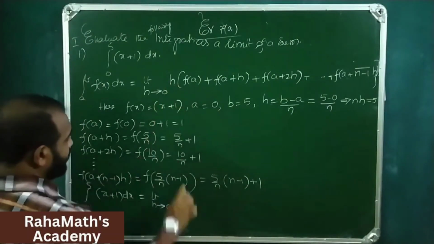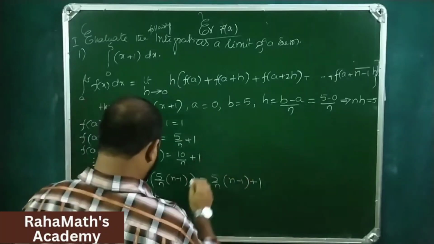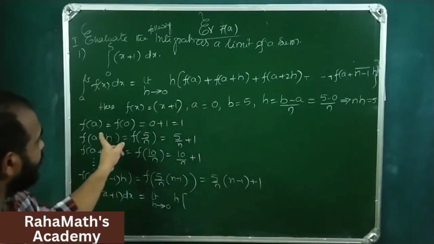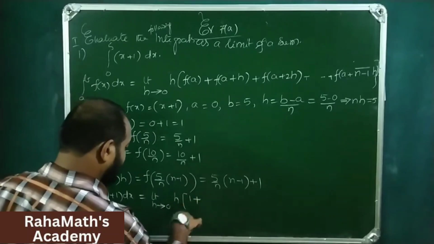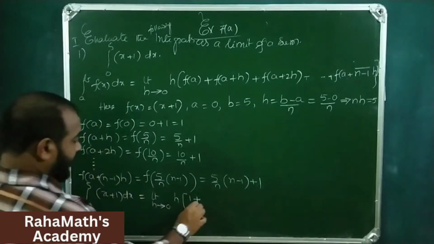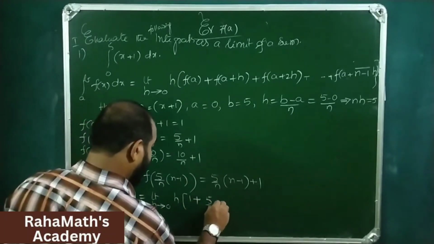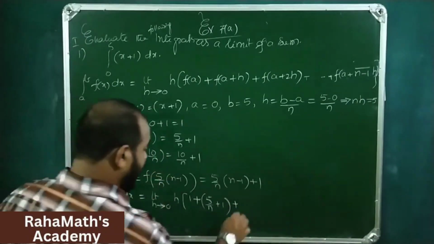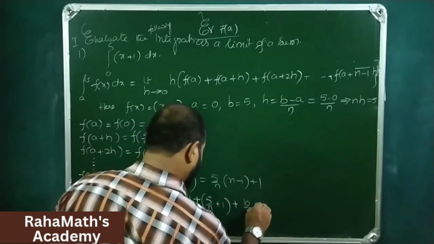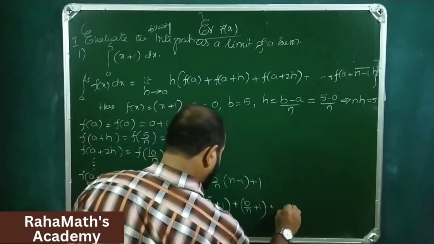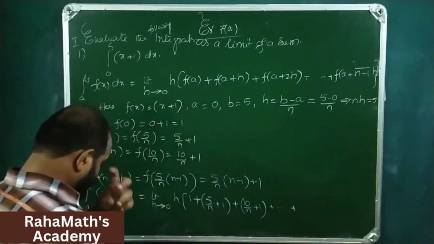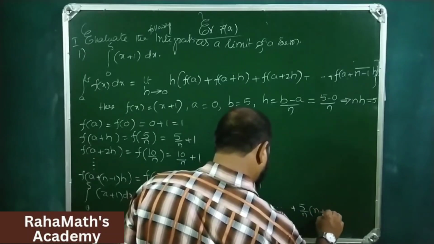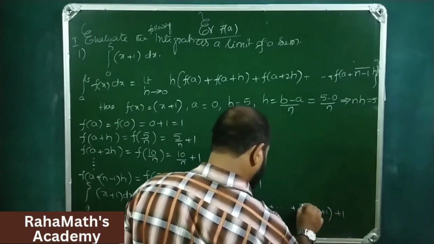Let us write the first step: f of a is 1. f of a plus h is 5 by n plus 1, plus 10 by n plus 1, and so on, plus 5 by n into n minus 1 plus 1.